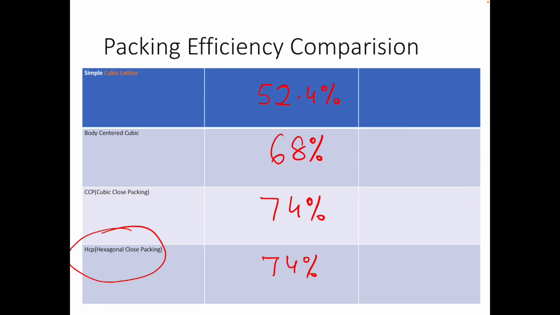Now if we see the effective number of atoms in a unit cell, in simple cubic lattice it was only 1, for body centered cubic it was 2, and for CCP it was 4.